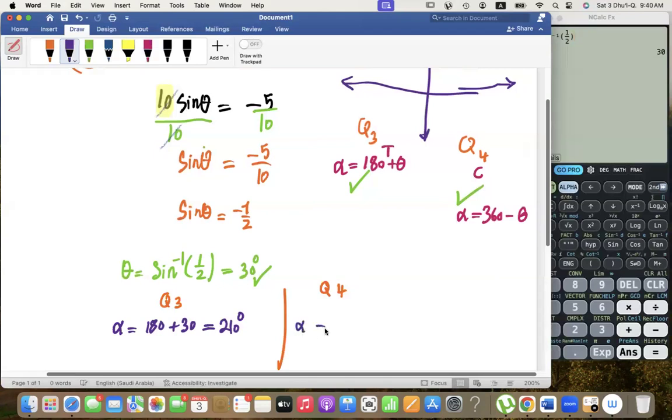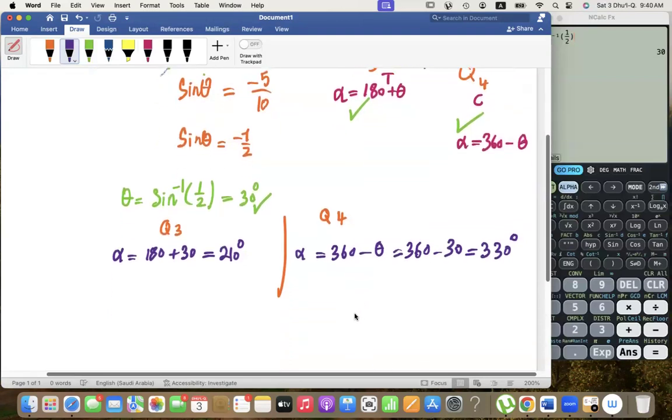And in quadrant 4 it is 360 minus theta, which is 360 minus 30, so the answer is 330 degrees. So I have 2 solutions. Number 1 is 210 degrees. Number 2 is 330 degrees.